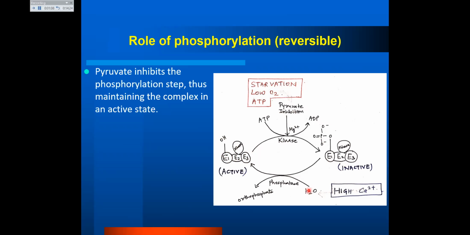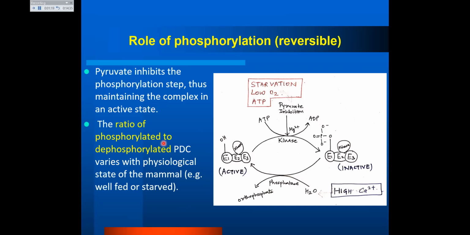However, by the action of phosphatase, this phosphate group can be removed and the enzyme can be converted back into the active form. So this is basically the ratio of phosphorylated to dephosphorylated PDC that varies with the physiological state of the mammal.